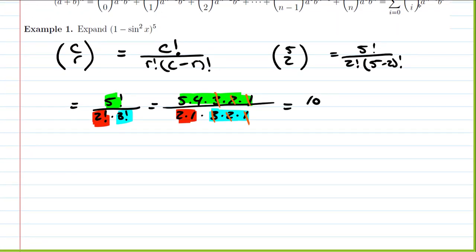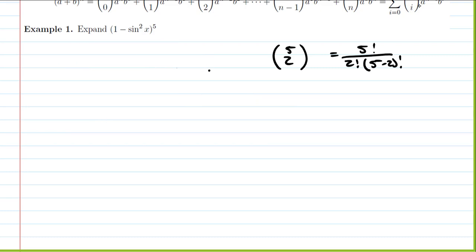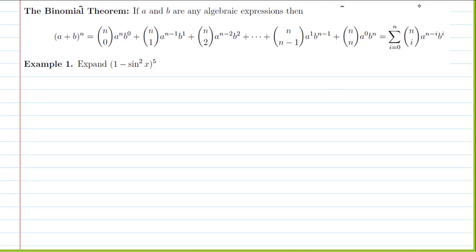So back to our regularly scheduled problem here. We want to calculate (1 minus sine squared x) to the 5th power. According to our formula, what we're going to get is something that looks like this.